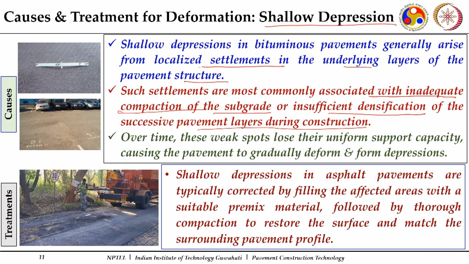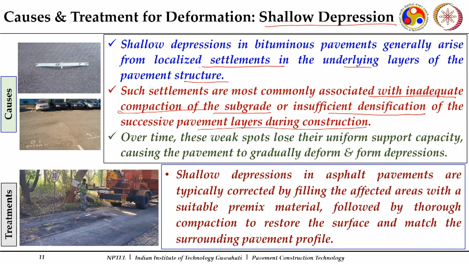Over time, if the underlying layer is not properly compacted, it is not going to provide the required support. There will be subsidence, and this subsidence in any underlying layer will sooner or later get reflected on the top course.